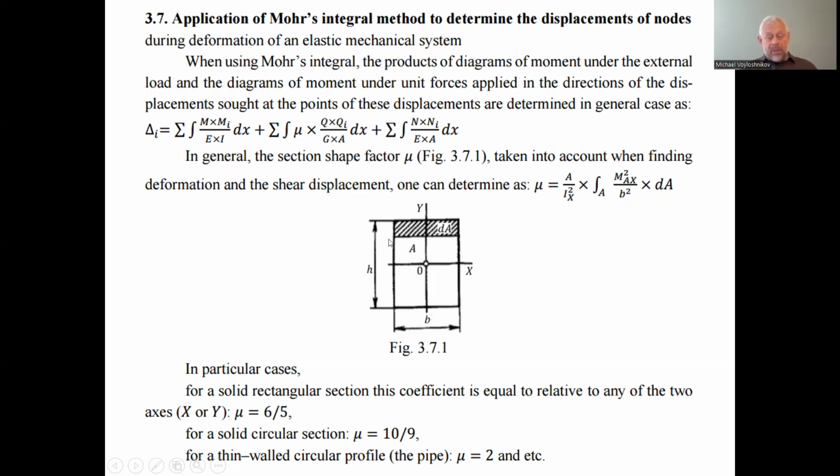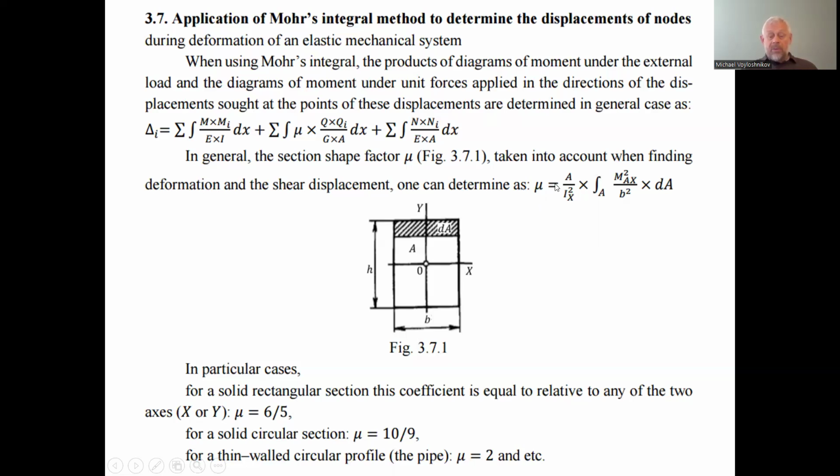If we would like to find the distribution of the shearing stresses along the ordinate axis, and the impact on the displacement under the action of the transverse forces, we can consider this formula.